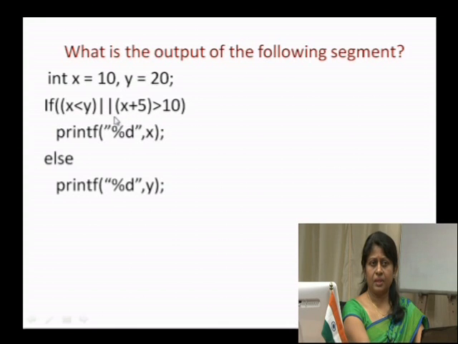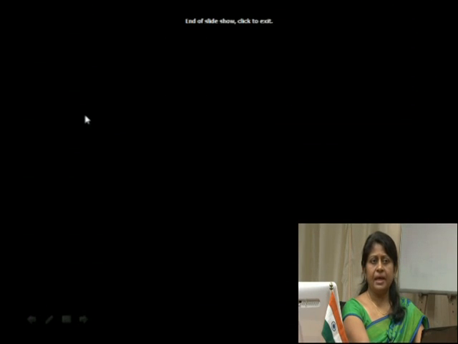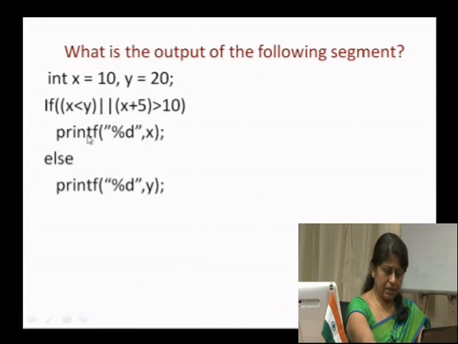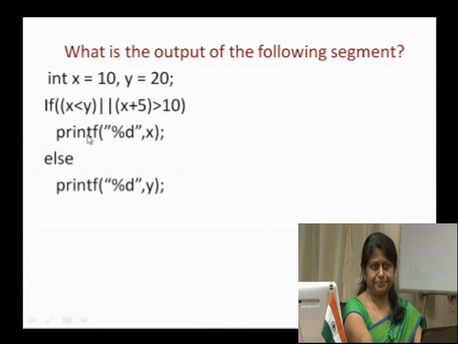But since we are using the logical operator OR, once one of the operands becomes true, it never goes to check the other condition. Once x less than y becomes true, the C compiler doesn't check the other condition. Inevitably it gets into the if block, prints the value of x and returns to the main program.